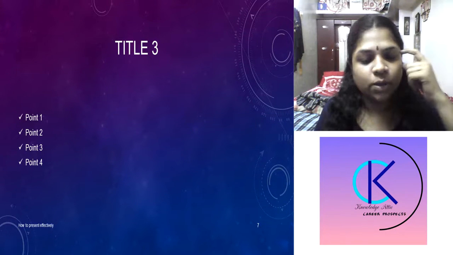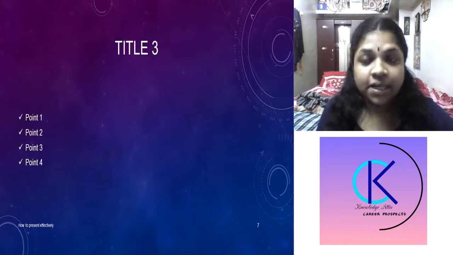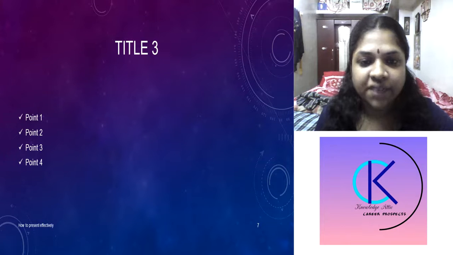So this is how title 3, I have included title 3 in this bulleting point, because while choosing the tick point and the numbering bulleting points, we have to be very careful.